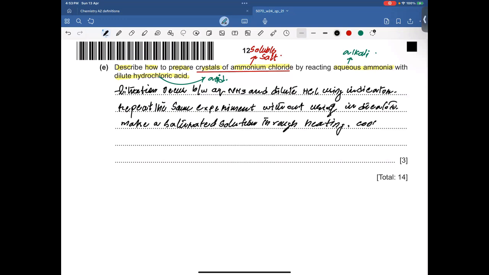Cool the solution at RTP to get the crystals.